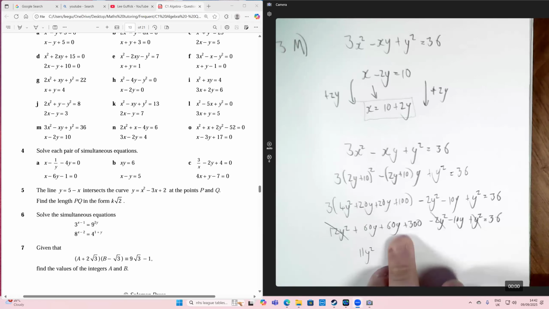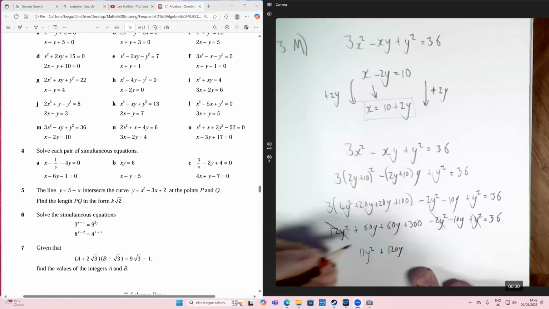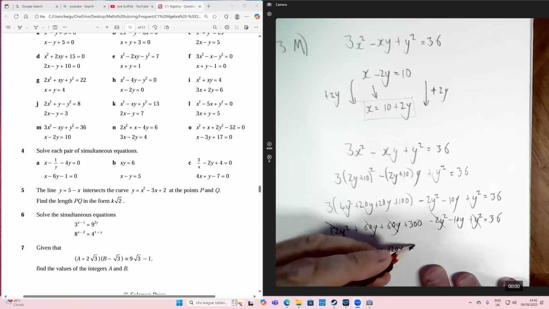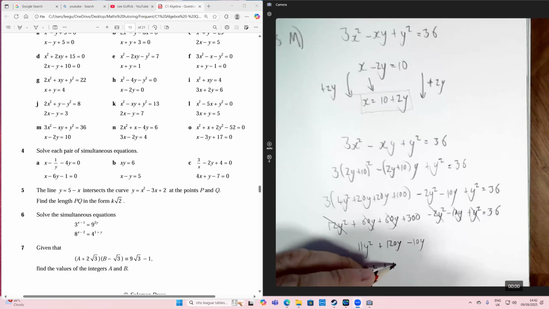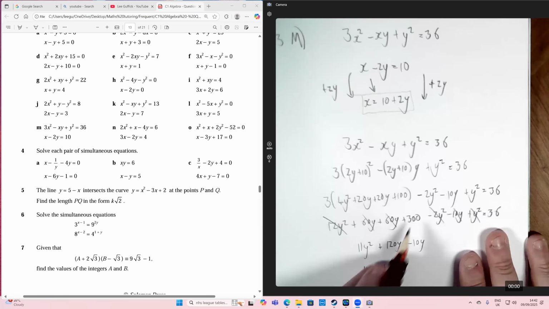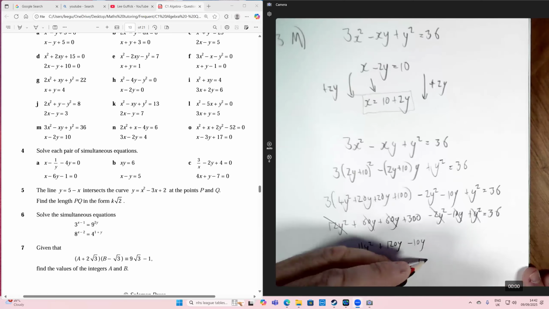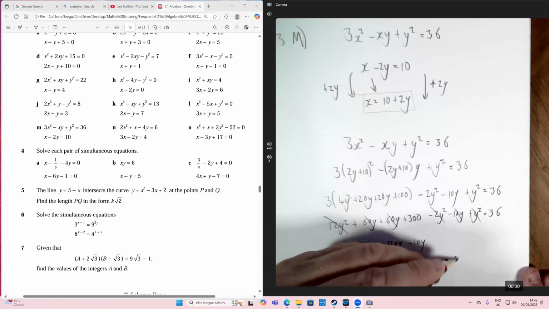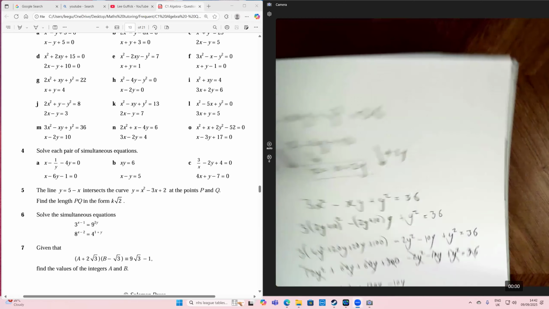Then we are going to have plus 120y there, minus 10y there, which is going to be 110y. So 11y² plus 110y when we collect like terms. And then finally, the only ones we haven't dealt with are the 300 and the 36. So 300 take away 36 is plus 264 equals 0. So we've just collected all of the like terms.